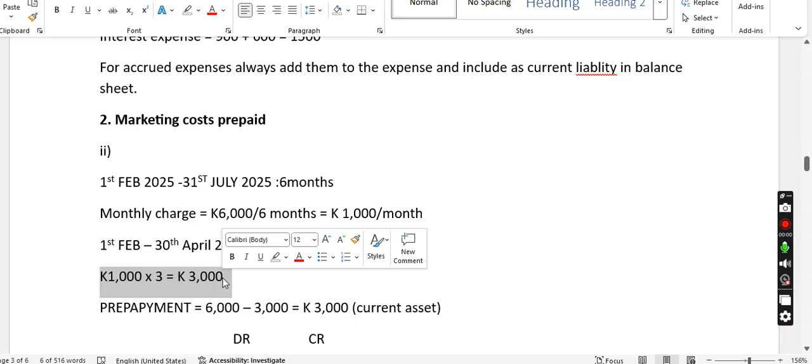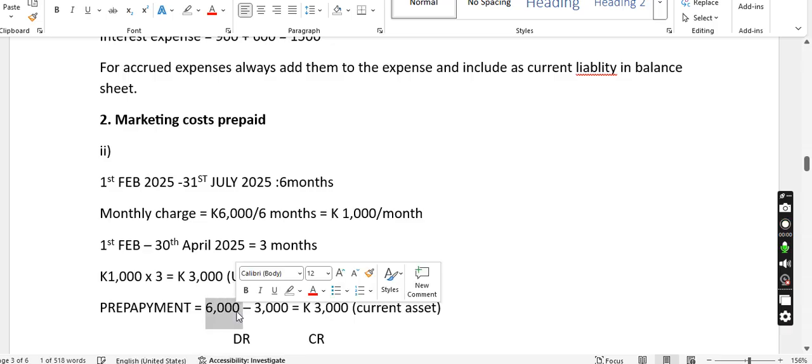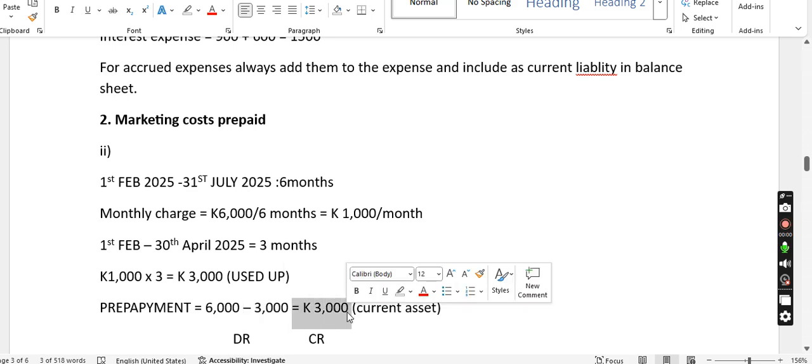So if we paid 6,000 and 3,000 has already been used up, the prepayment is 3,000 kwacha. Any questions before I move further?